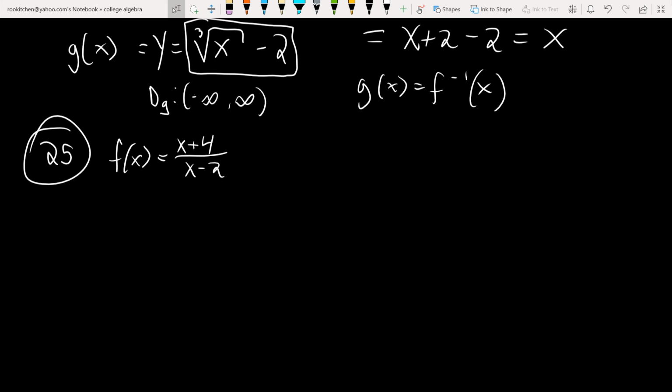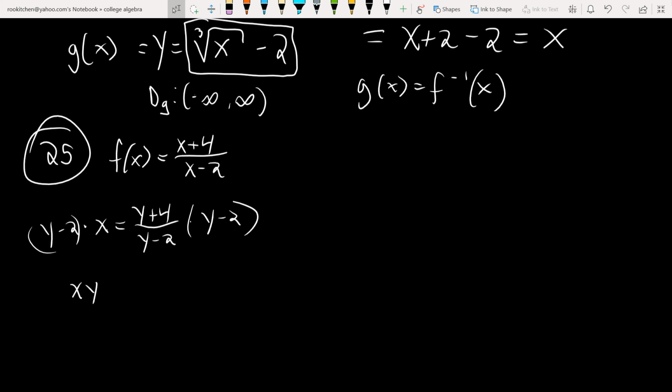So swap the variables. x is (y plus 4) over (y minus 2). And then you have to cross multiply. So multiply both sides by y minus 2. So you get xy when I distribute, minus 2x equals, over here the y minus 2's cancel.